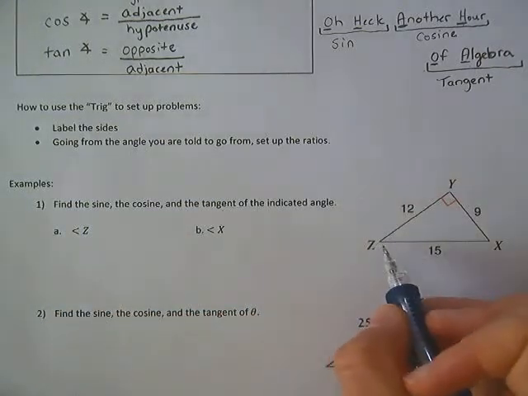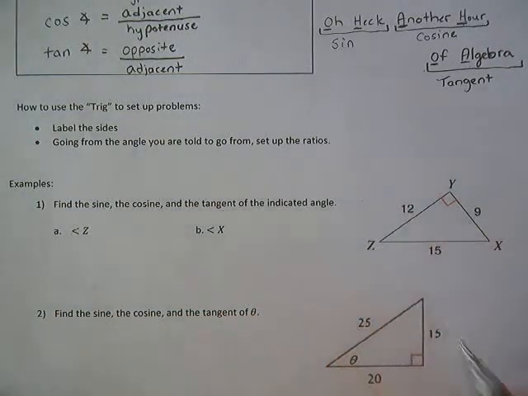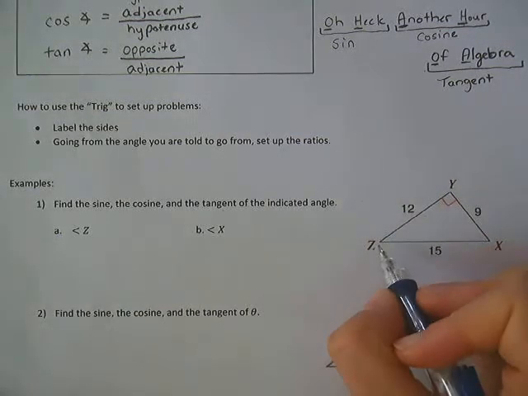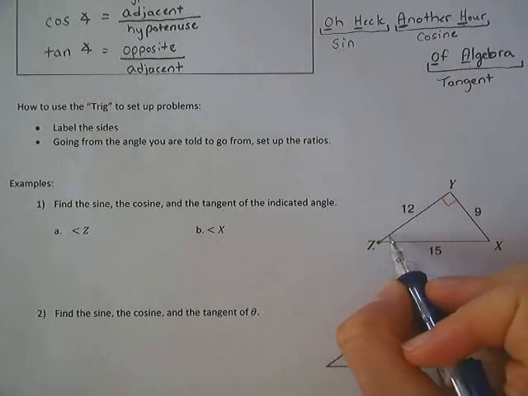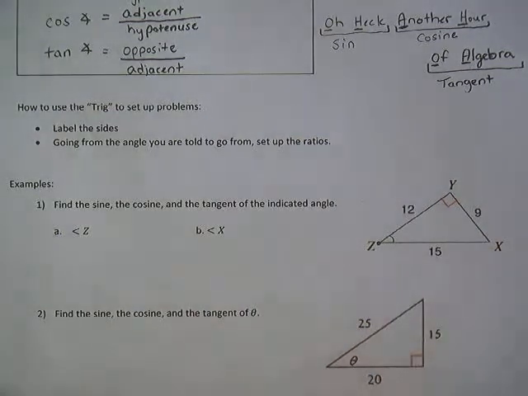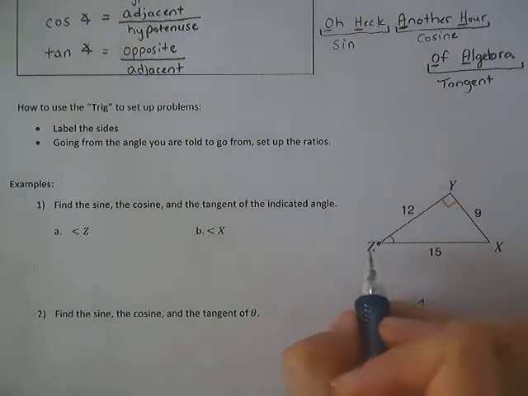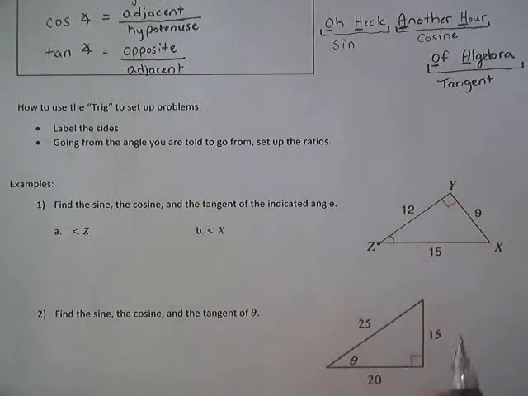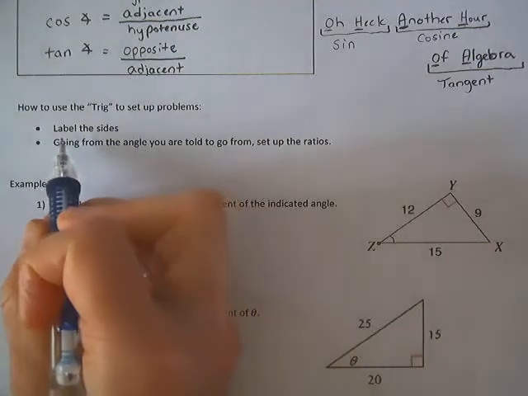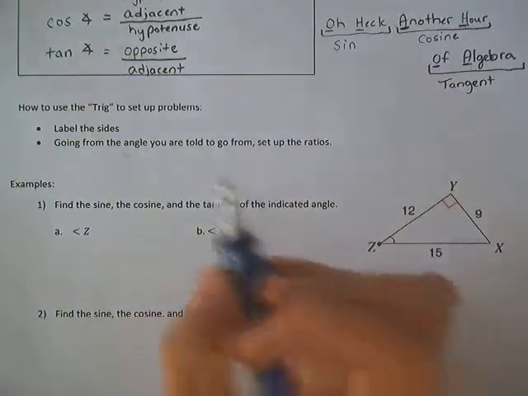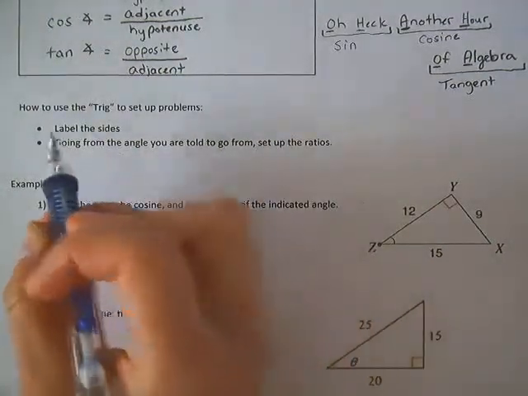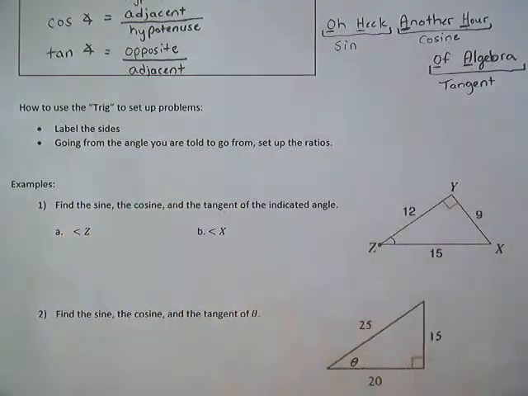So like I said a second ago, whichever angle they're wanting you to go from, you can either put a little dot, you could put a little arch in it, whichever way you want to do it. And you're going to act like you're standing there looking at this triangle, all right? So the first thing that you're going to do when you have to set up the trig ratios is you label the sides, just like what we did before.